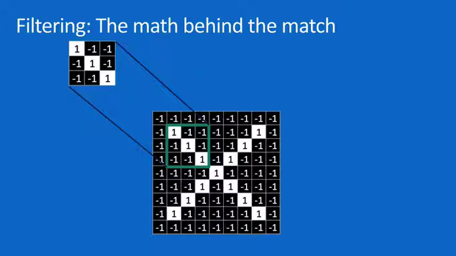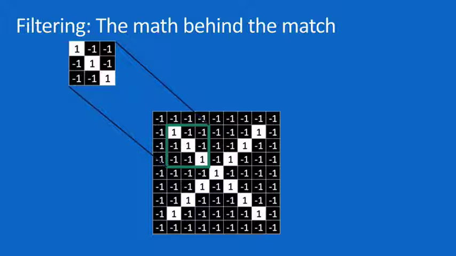Filtering is the idea that I'm going to take a filter, a given sub-image or feature shown on the top left in this slide, and slide that feature throughout my image. As I am sliding it, I do some mathematical calculations, the output of which indicates whether that part of the image is similar to my feature. That is what is called filtering, and it is one of the steps of convolution.